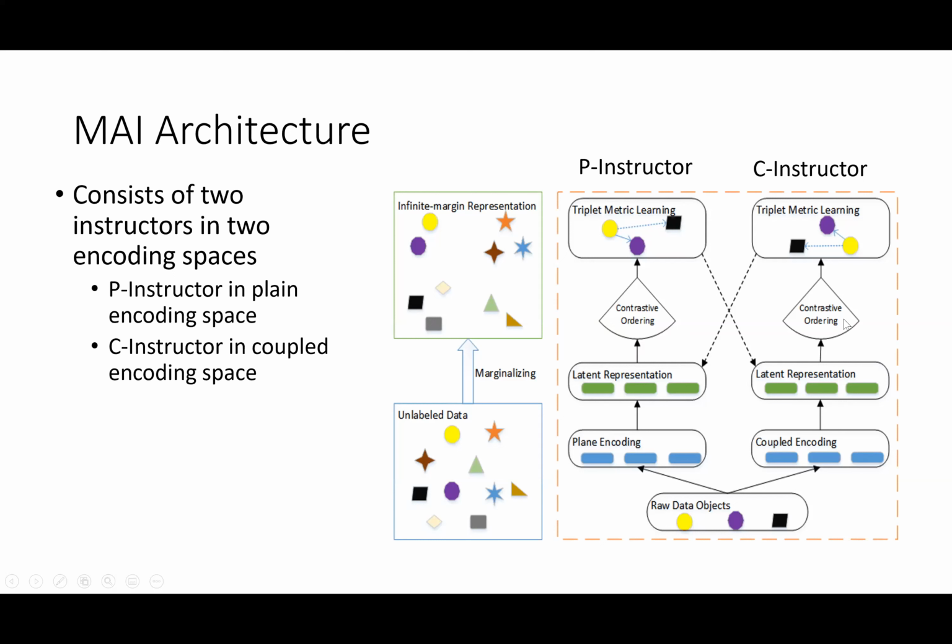So we do this across instruction, and in the plane space, we learn the indication of the separability and use that to guide or improve the couple learning, and similarly we do that in the plane learning. And that actually shows really interesting results.